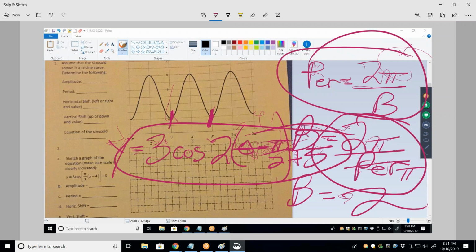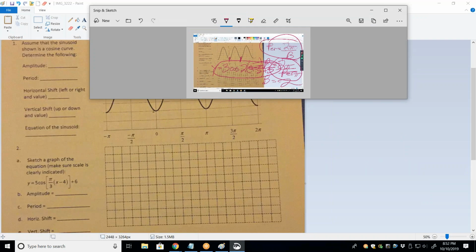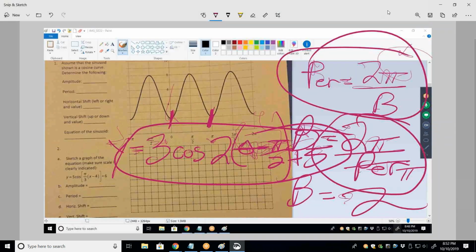Now, let's check it. And the way to check it is to try some values. If every value I try works, then it's correct. Okay? So let's try theta equals 0.